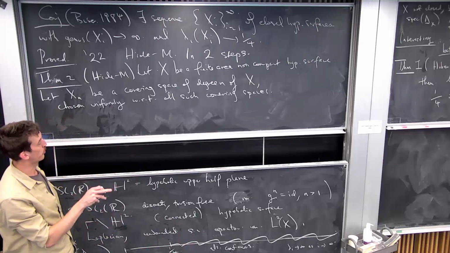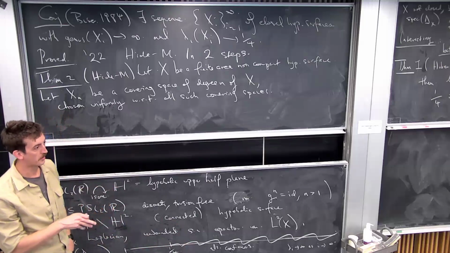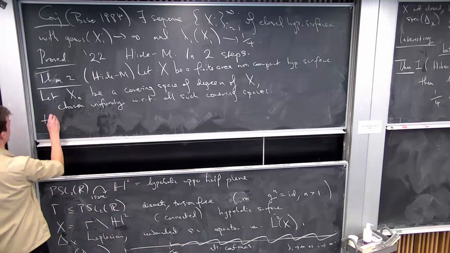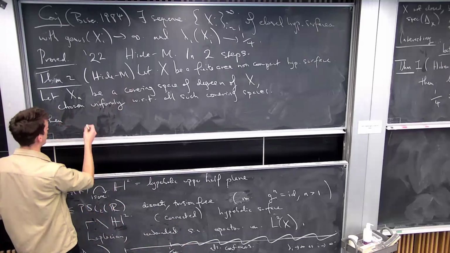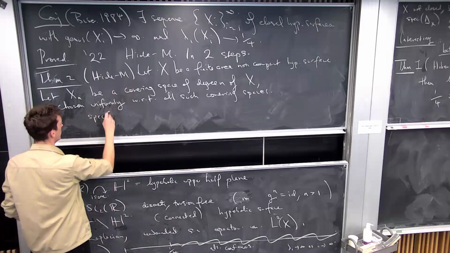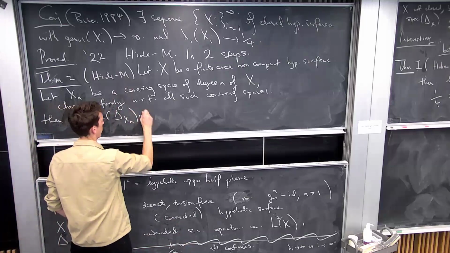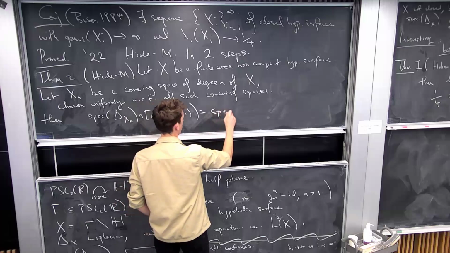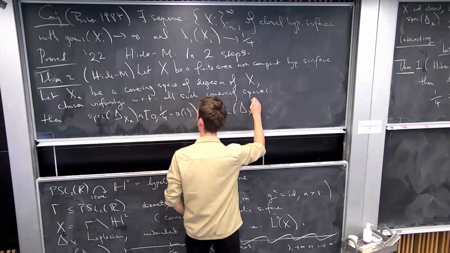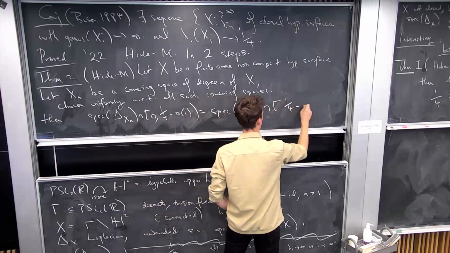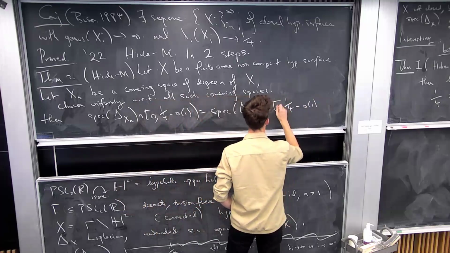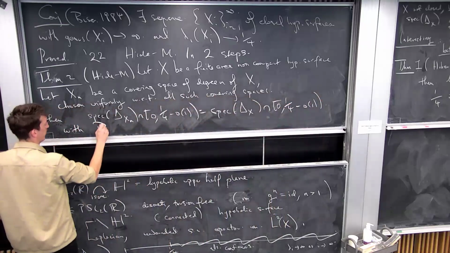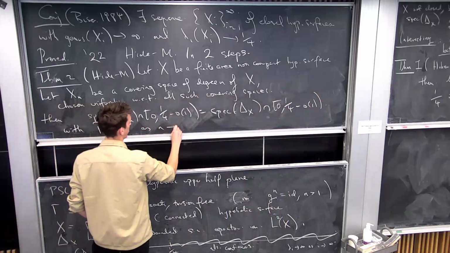If X is a closed surface, the answer is a little bit more interesting. I haven't told you the conclusion. Then these guys have the same spectrum in a large region: the spectrum of the Laplacian of X in [1/4 - o(1), ∞). And this happens with high probability, with probability tending to 1 as n tends to infinity.